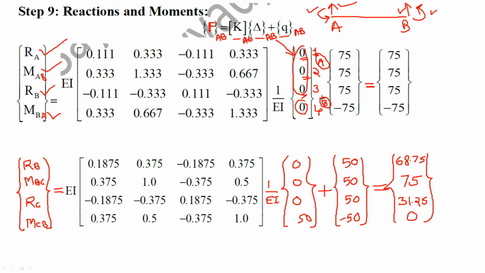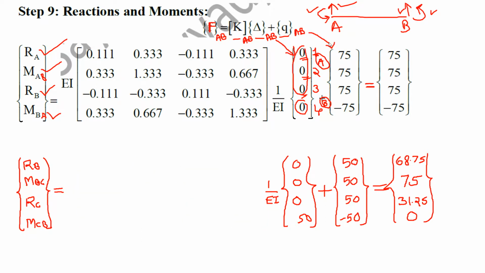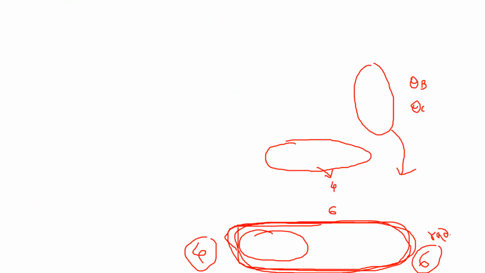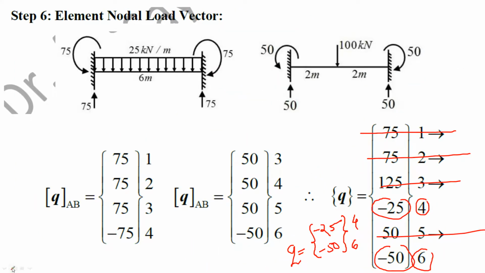So F is equal to K into delta plus small q, where small q is the element nodal load vector of the AB member. If you remember the element nodal load vector step, there we determined it for AB and BC. This is the element nodal load vector for AB: 75, 75, 75, minus 75.